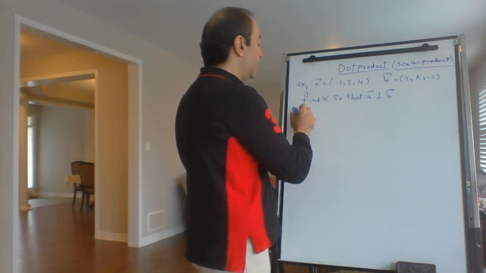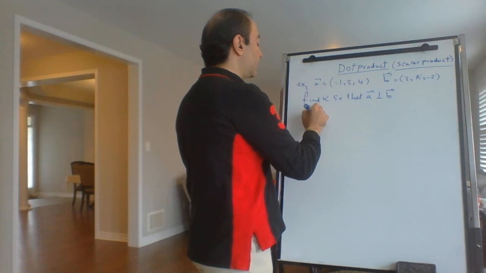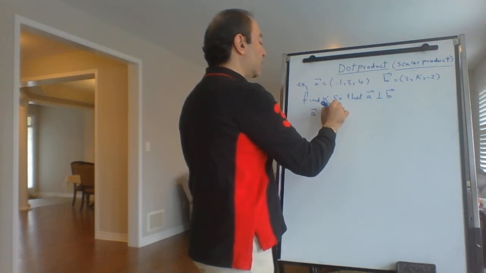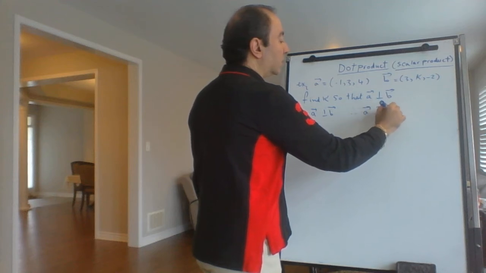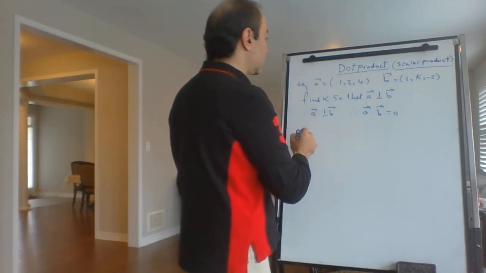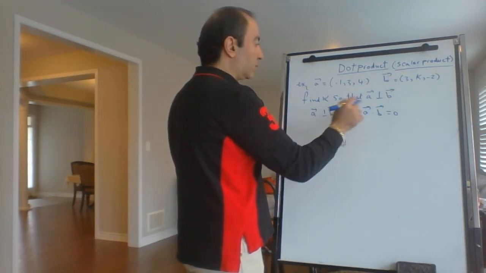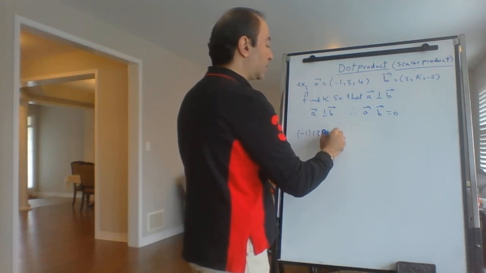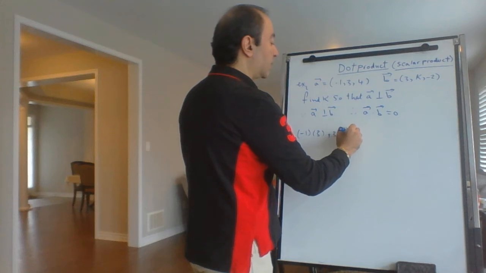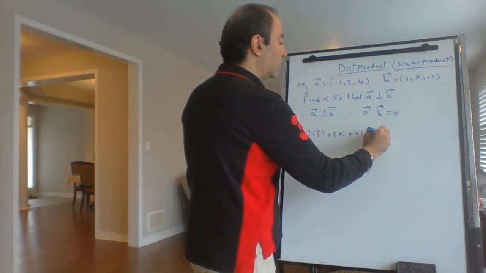So I say, because A is perpendicular to B, therefore A dot B equals 0. Then I do the dot product and equate it to 0. So negative 1 times 3 plus 3 times K plus 4 times negative 2 has to equal 0.